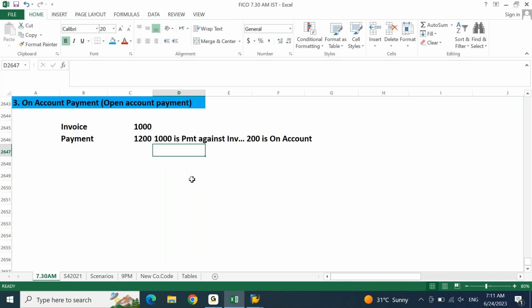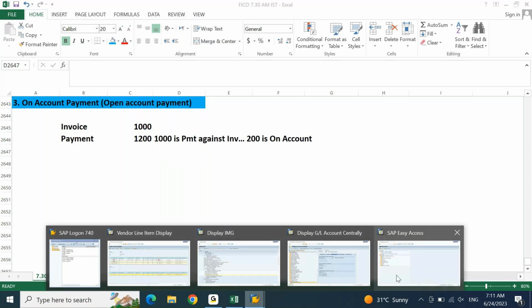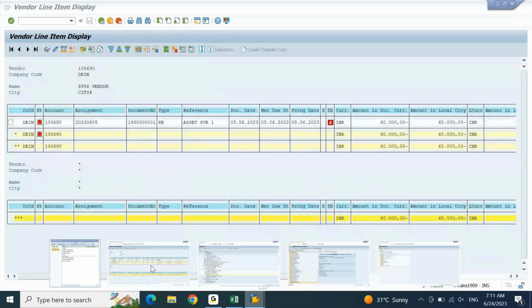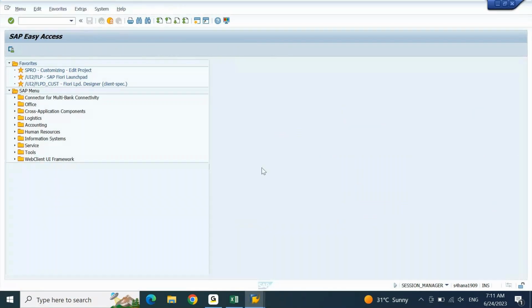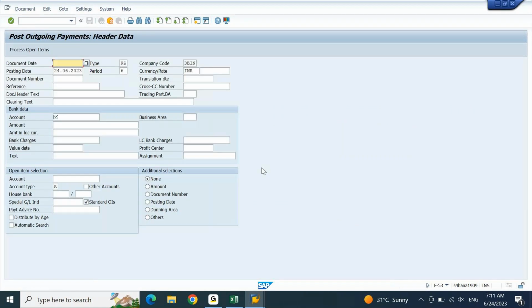Let us see how this on account payment will work. For the same example, if I take the invoice amount as 60,000, let me pay 60,000 plus 200, and I'll take 200 as on account payment. F-53, reference I'll put on account payment, 60,200 because I need 200 excess in the vendor account.